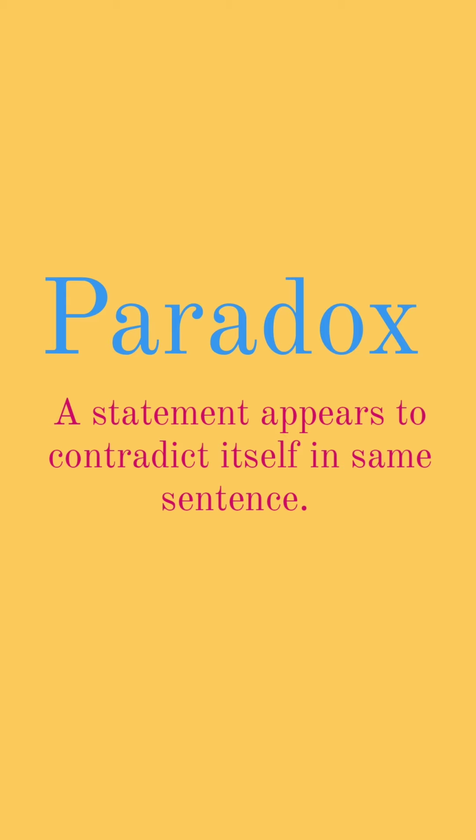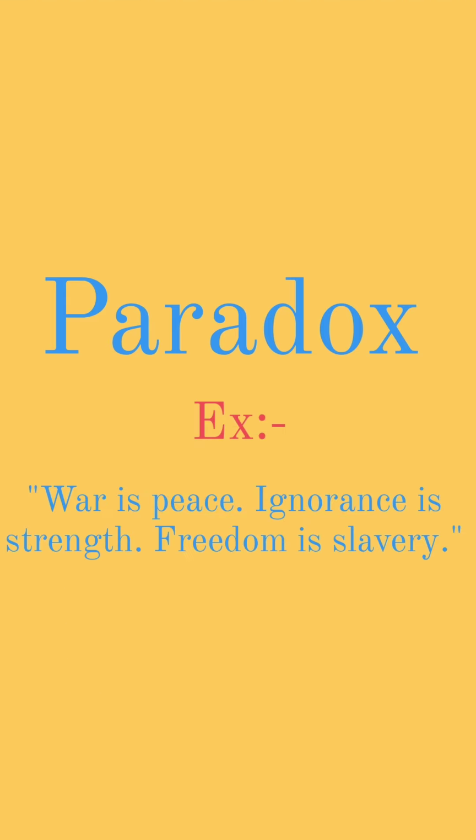For example, war is peace, ignorance is strength, freedom is slavery. When you read war is peace, ignorance is strength, these things are not true. They present an interesting paradox that makes you think seriously about what you have just read or heard. So these are paradoxes.